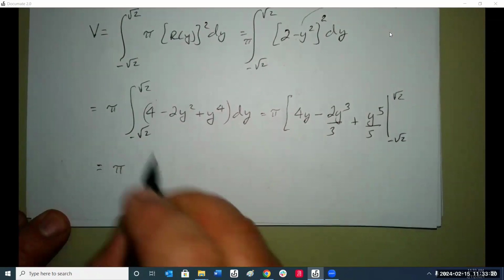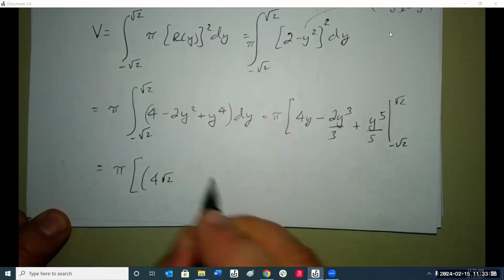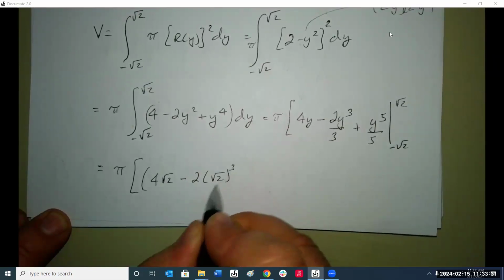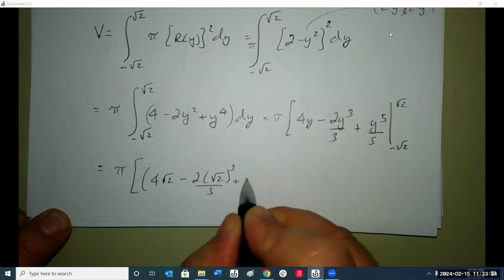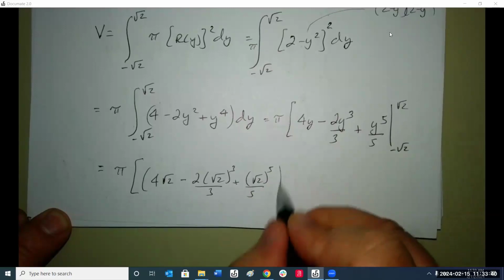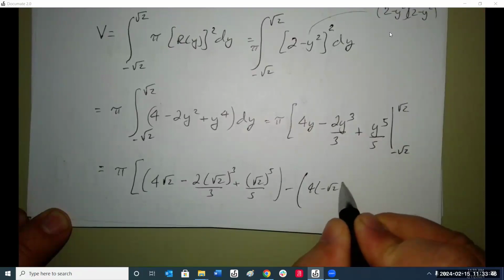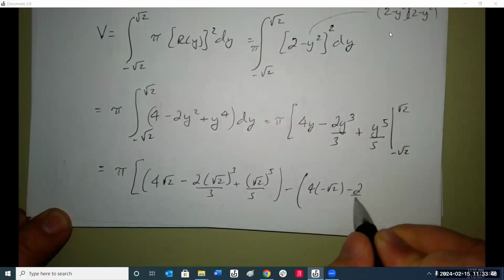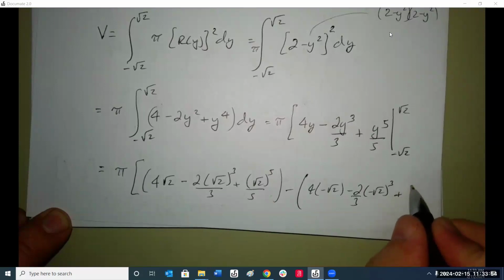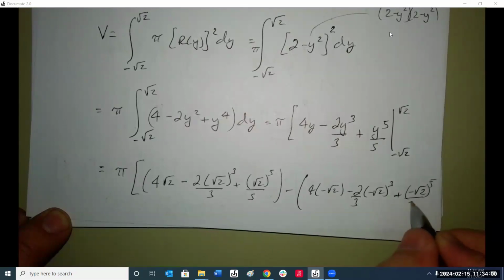Makes it pi times 4 square root of 2 minus 4 square root of 2 cubed over 3 plus square root of 2 to the 5th over 5, minus 4 times negative square root of 2 minus the negative square root of 2 cubed over 3 plus negative square root of 2 to the 5th over 5.